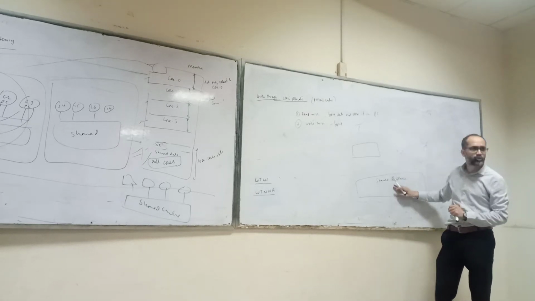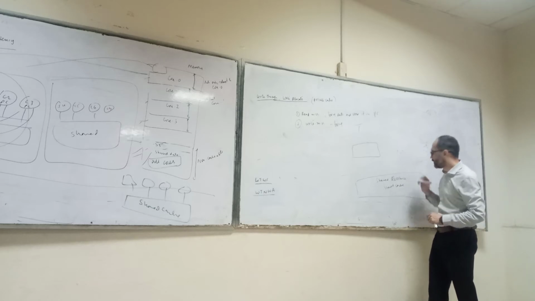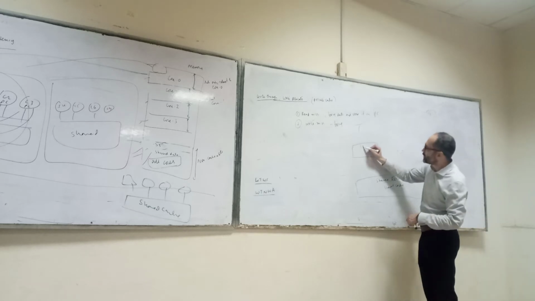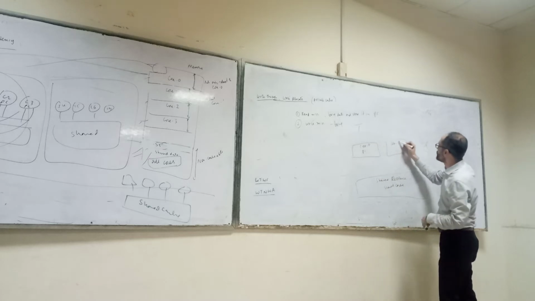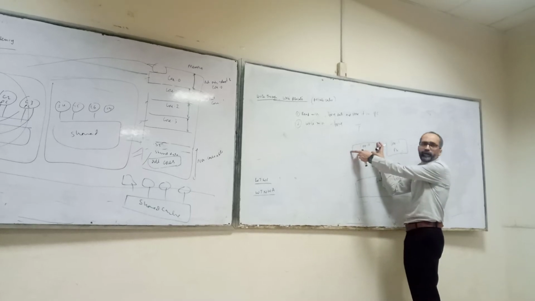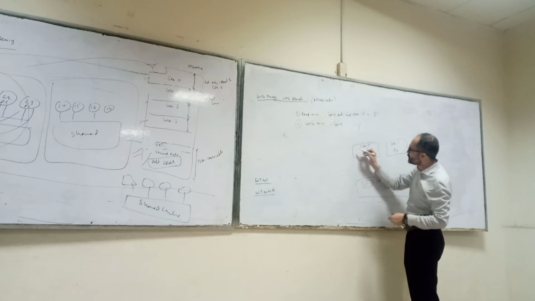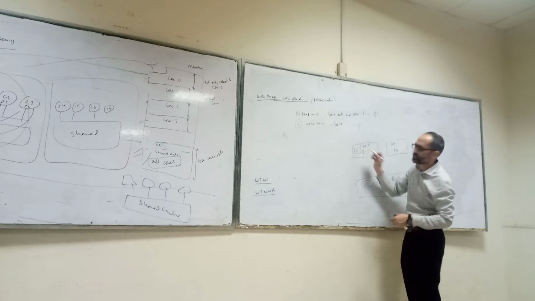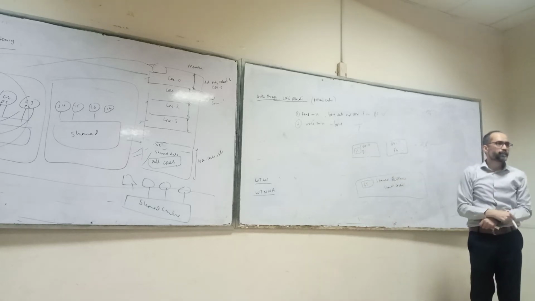Let's assume this is the shared cache. Now this is the private cache of core 0 and this is the private cache of core 1. Now this core generated a read miss. Let's assume this data is 65, so now this data will be 65. No problem. Agreed?